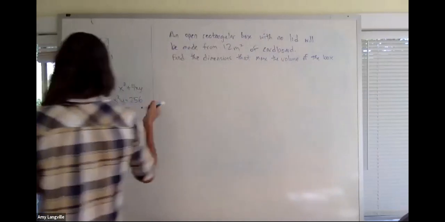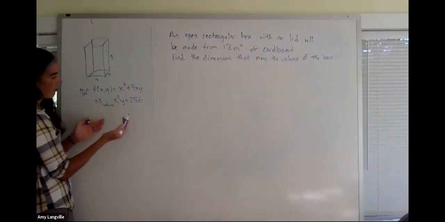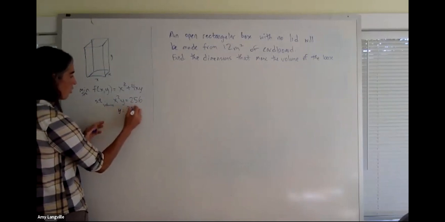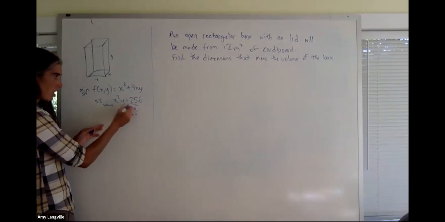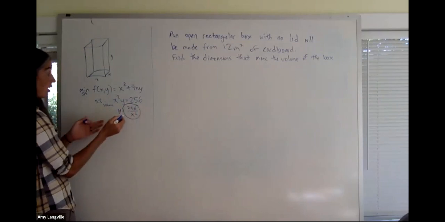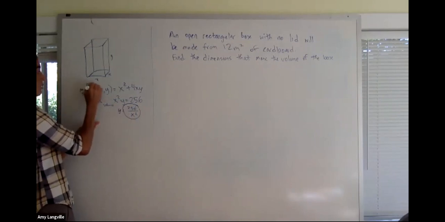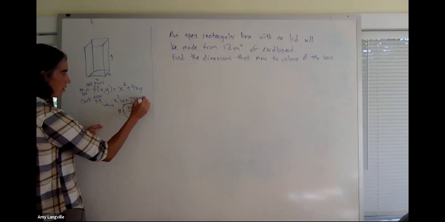The method there was you would take your constraint and solve for either variable. In this case, I think it's going to be easier to solve for y. It doesn't matter which one, you'll ultimately get to the same place at the end. And then wherever you saw y in the objective function, this was your objective function, and this was your constraint equation, you would take that and shove it right there.